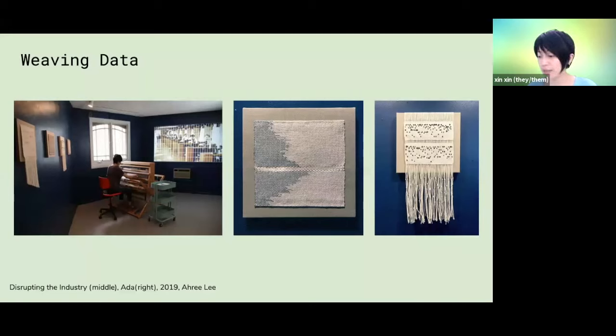And the piece on the right, she titled Ada, is a direct reference to Ada Lovelace. And what you're seeing, the little dots and lines inside that piece, are essentially representing an encoded message written down by Ada Lovelace.